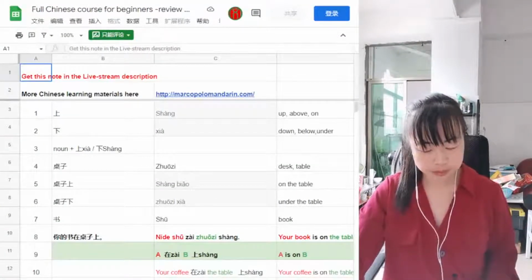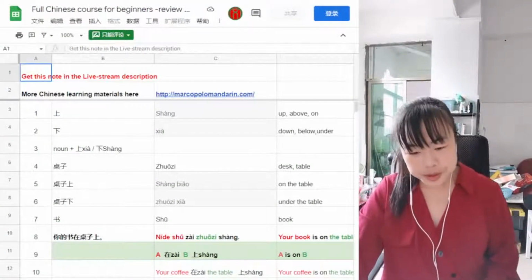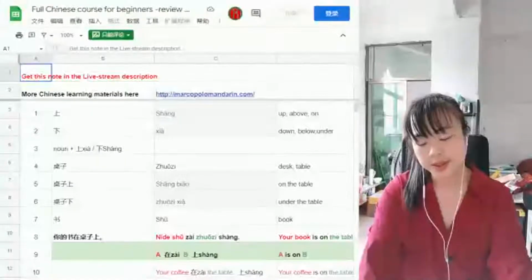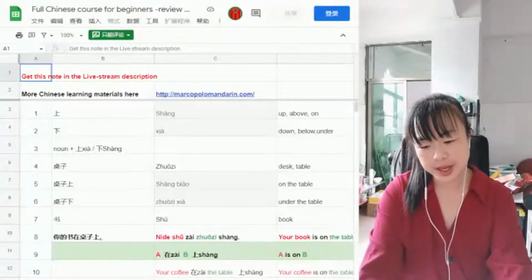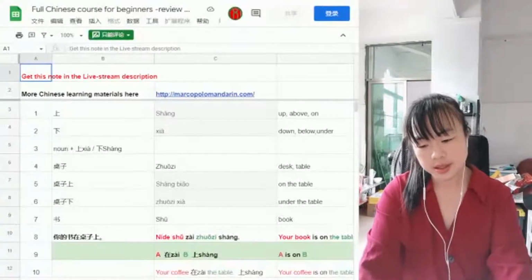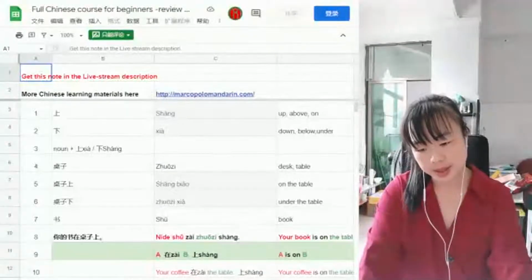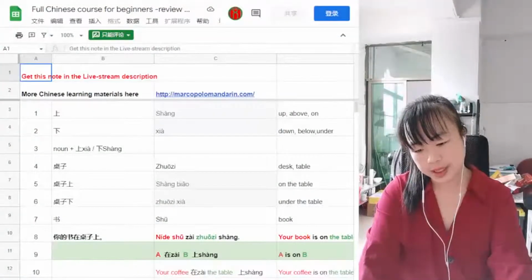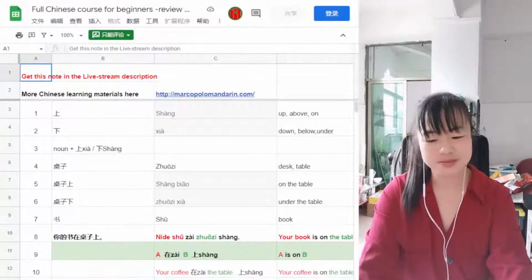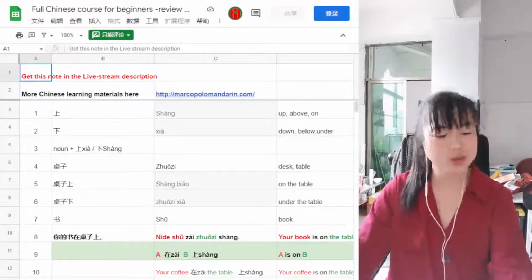Now, how do you say this table is in front of or behind a bus station? Yeah, it's a weird sentence, I know.